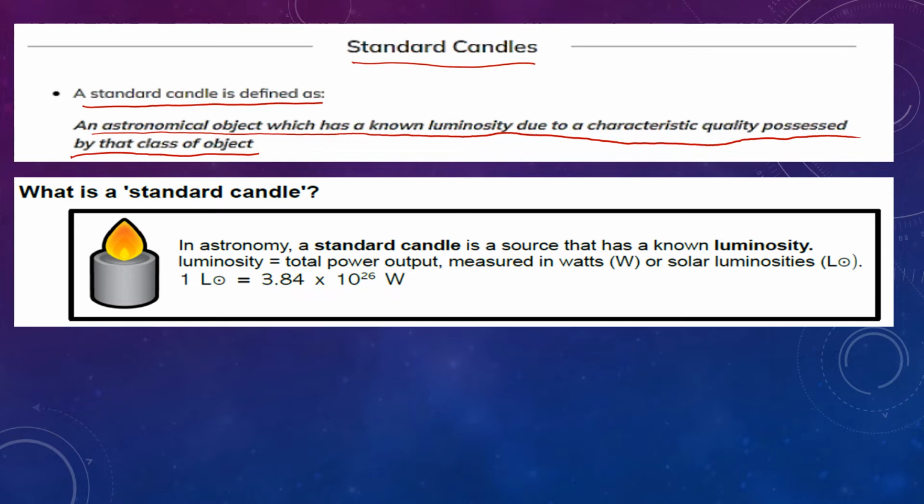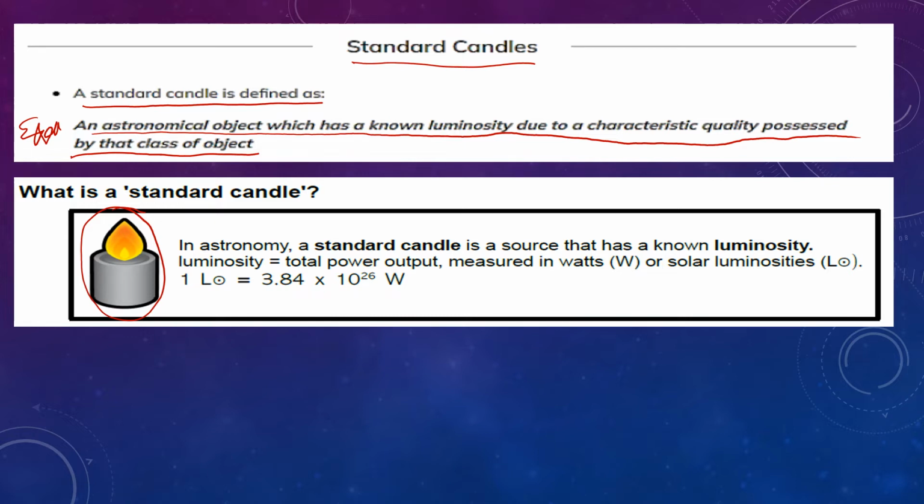This is the standard exam definition. So what is a standard candle? Actually it is a candle. Scientists developed a method, while staying on the Earth, using candles to measure the distance of different galaxies, and in this the candle can be assumed to be a star.